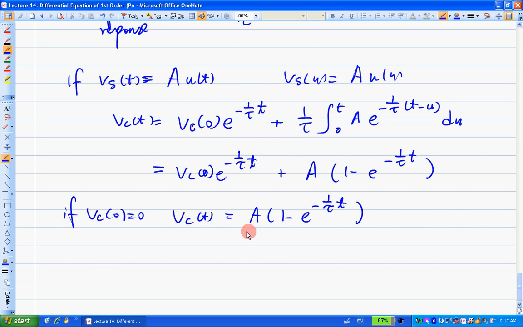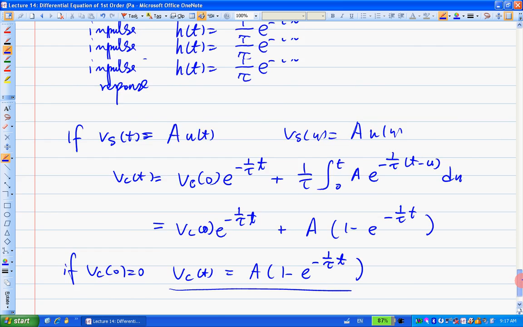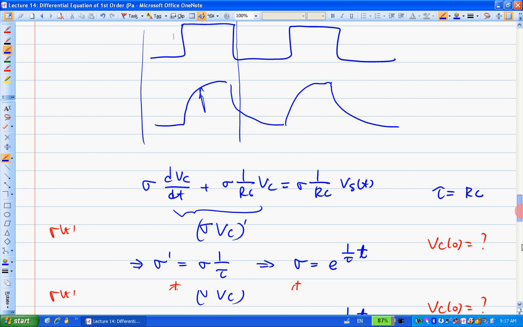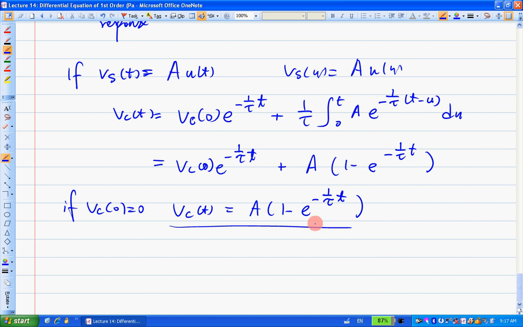Now you look at this solution here and think about the response. Does that make sense or not? This is a negative exponential decay function, which means as t goes to a bigger value, this quantity will go to approximately 0.